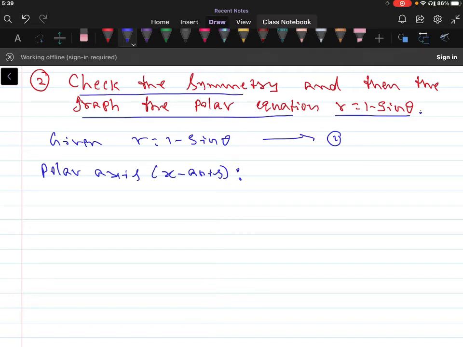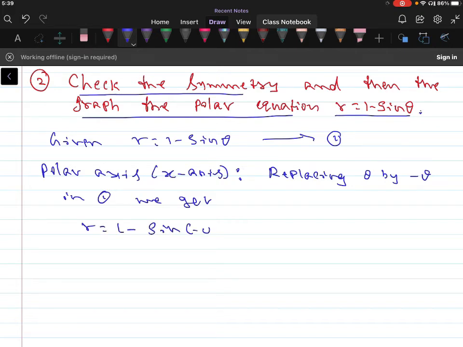Now replacing theta by minus theta in equation 1, we get r is equal to 1 minus sine of minus theta, which is equal to 1 plus sine theta.